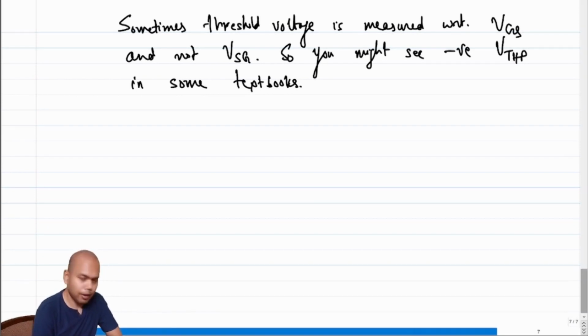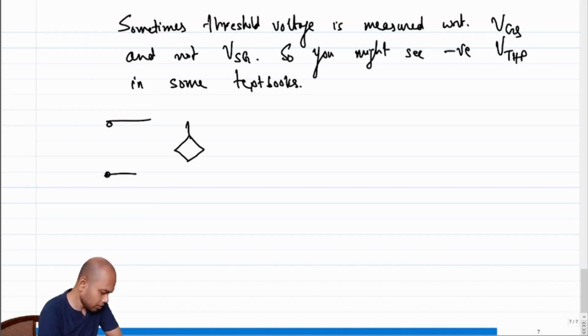But now it's time to move on to the incremental model also, right? So in an NMOS, what is the incremental model? In an NMOS transistor, the incremental model is this.